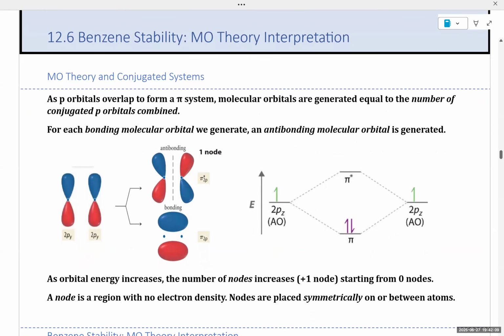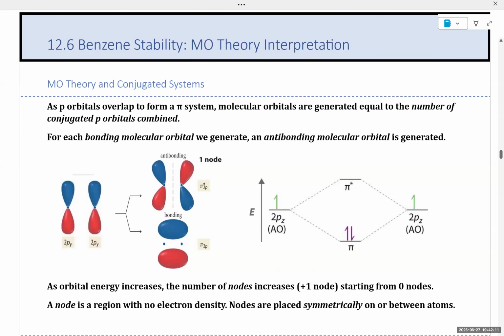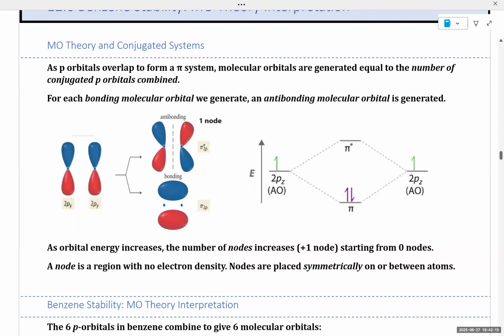So one way that we can explain benzene stability is using molecular orbital theory. When p orbitals overlap to form a pi system, molecular orbitals are generated equal to the number of conjugated p orbitals combined. For each bonding molecular orbital, we generate an antibonding molecular orbital.